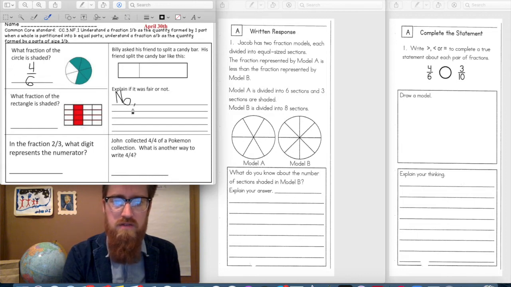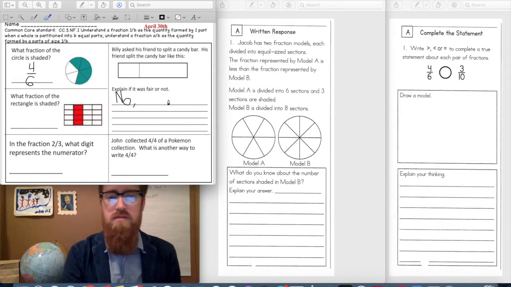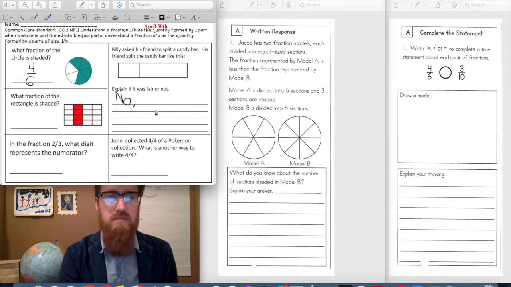How do we need to divide fractions up? They're cut into equal size pieces. Are these pieces the same size? Are they equal size? No. So if I wanted to explain, no, they are not cut into the same size. They are not cut into equal parts.